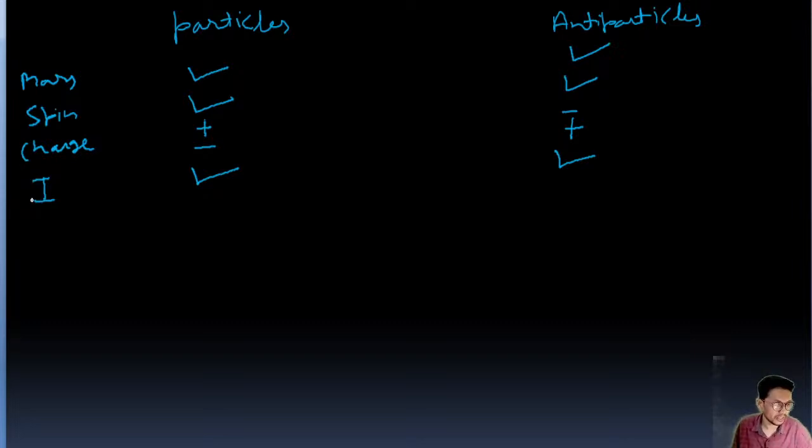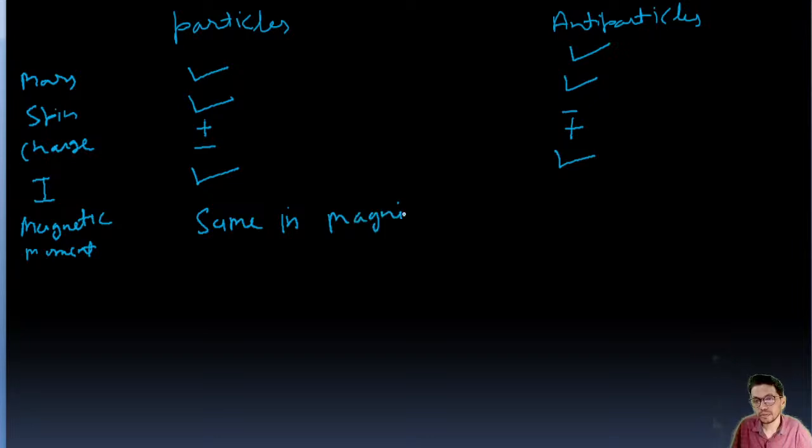Before that I'll talk about the magnetic moment. The magnetic moment of a particle and its antiparticle is going to be the same in magnitude, but opposite in sign.